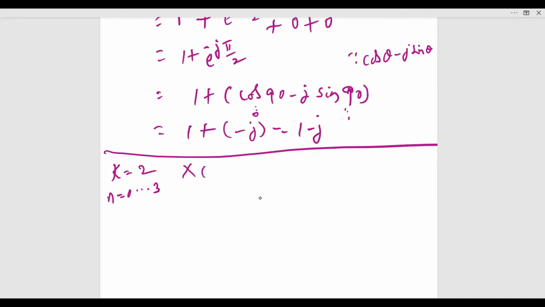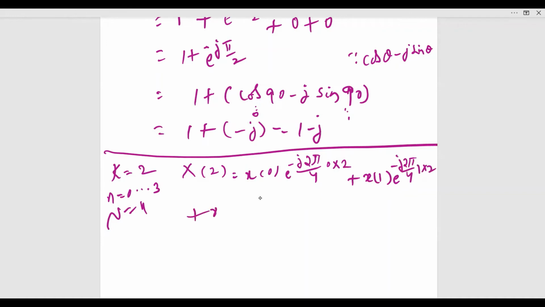So x of 2 is equal to x of 0 e power minus j, capital N is 4, minus j 2 pi by 4, 0 into 2, plus x of 1 e power minus j 2 pi by 4, 1 into 2, plus x of 2 e power minus j 2 pi by 4, 2 into 2, plus x of 3 e power minus j 2 pi by 4, 3 into 2.